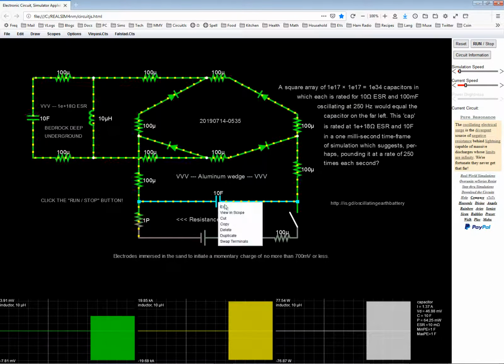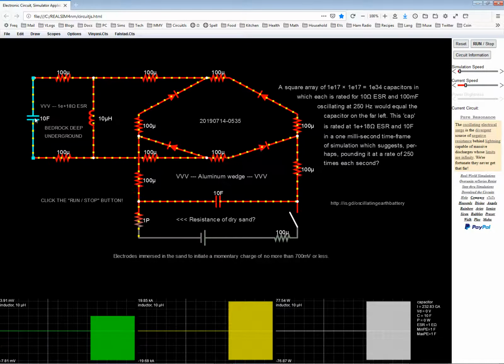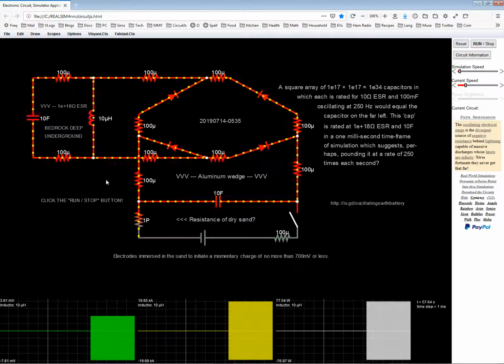Actually, down here, 10 milliohms, see? But I can change that to whatever value I want to, large or small, and I chose to go 1E18, which is 1 followed by 18 zeros. And that means that this now is supplying current. And that might be why there's no voltage registering, because it wiped it out.